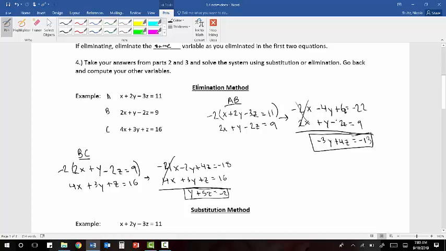So the last step up here says you want to take your two boxed answers, and now you can actually solve that system by elimination one more time. So we have -3y, 4z, and -13. And we have positive 1y, positive 5z, and -2. And now you treat it just like an old problem because there's only two variables.